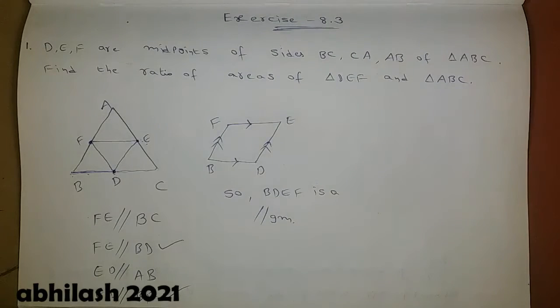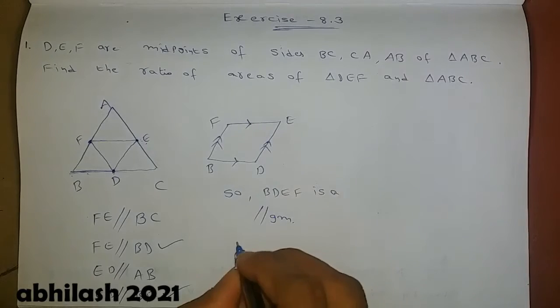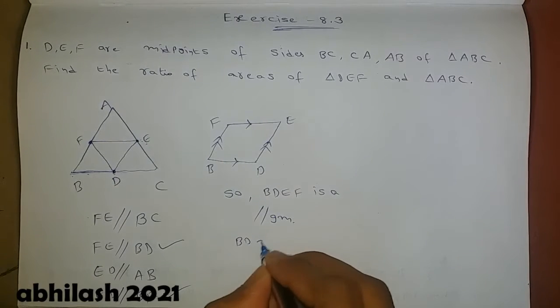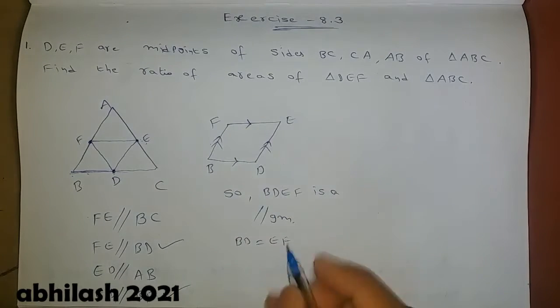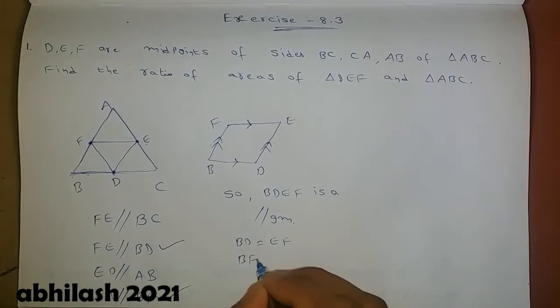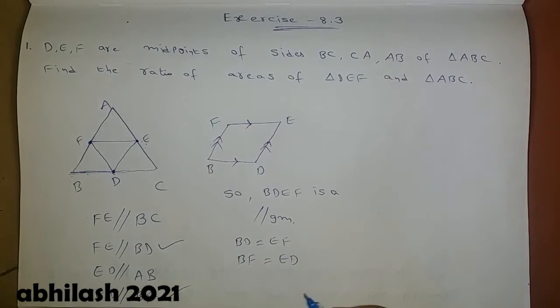Next, we already know the properties of a parallelogram. In any parallelogram, the opposite sides are equal to each other. So BD is equal to EF, and BF is equal to ED. Next, opposite angles are equal to each other.